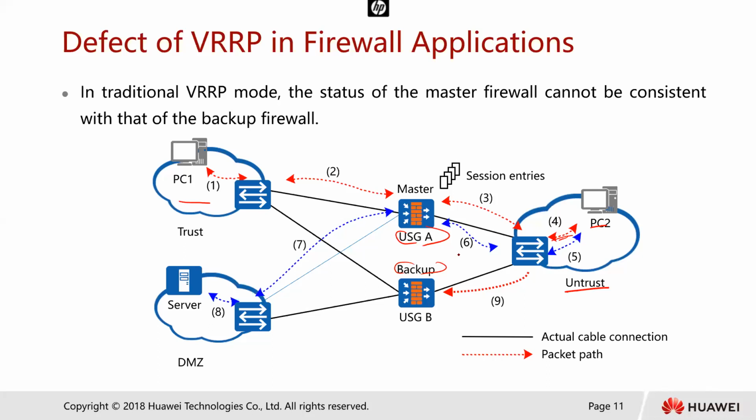And firewall A here is going to forward the access packets and dynamically generate sessions in our entry table. We have our session entries, which are updated. So when the reverse packets from PC2 reach firewall A through 4 to 3, and it is coming back, right? It's accessing our network. It matches the session entry and therefore reaches PC1 through 2 and 1.